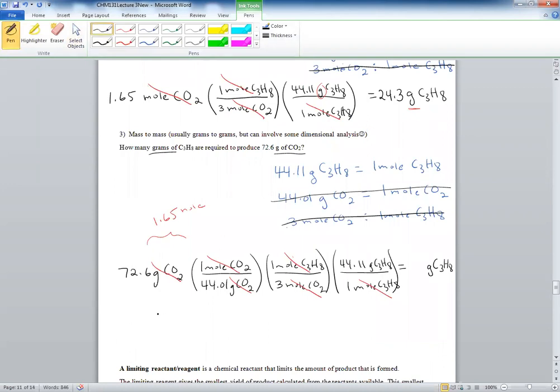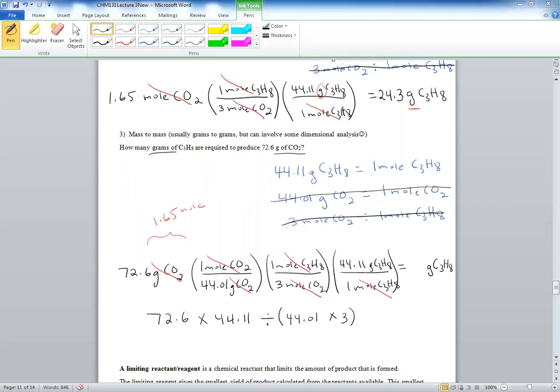You just go into your calculator and you take 72.6 times 44.11, hit enter. Or you can say divide, open parentheses, 44.01 times the 3 right here. The rest are 1, so they don't make a difference.